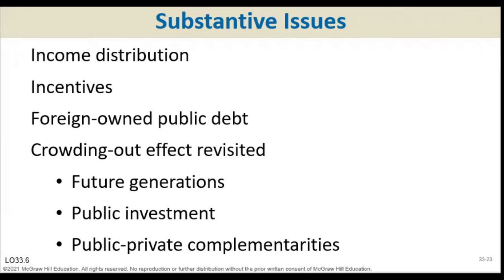A higher proportion of the debt is owed to foreigners. We saw the graph before, about 31%, higher than in the past. And this can also increase the burden since the payments leave the country to those foreigners. We have to pay them because we owe them money, since they own some of the securities, 31% of the securities. But if you look at it globally, US nationals also own bonds from foreign countries.